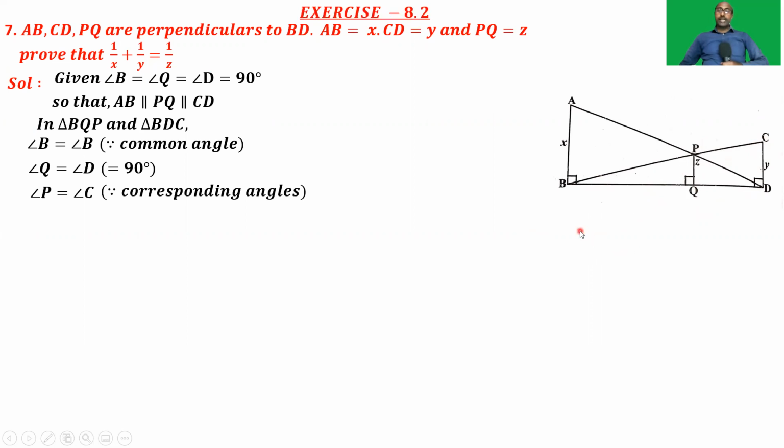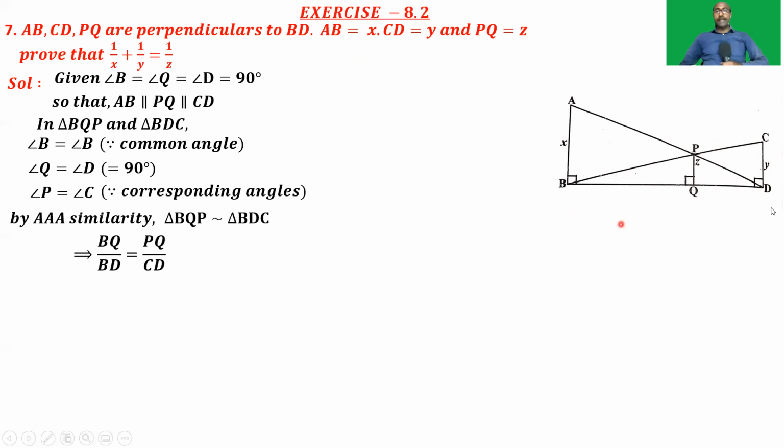So by angle similarity, triangle BQP is similar to triangle BDC. And then the ratio of corresponding sides is equal, so BQ by BD is equal to PQ by CD, which is equation 1.